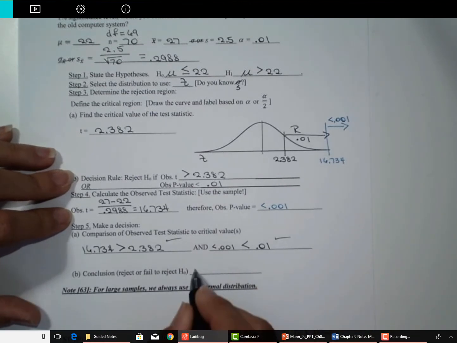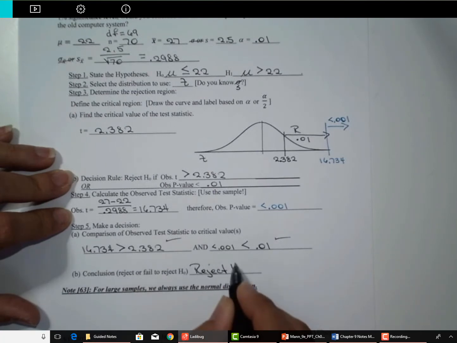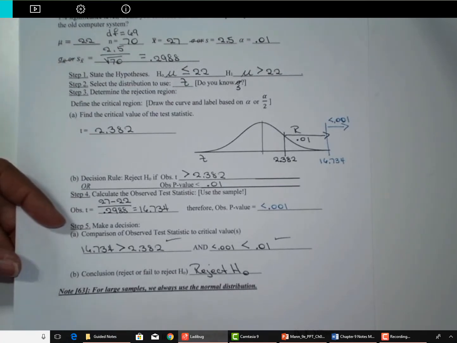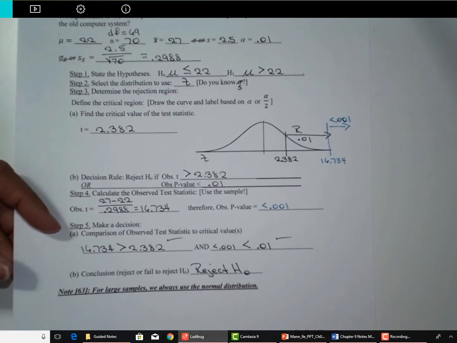So my conclusion is I will reject the null hypothesis, which is great news for the bank. It means that their customer service system with their new computer system is serving customers well, and they've got a much better average than they used to have in how many customers per hour they served.